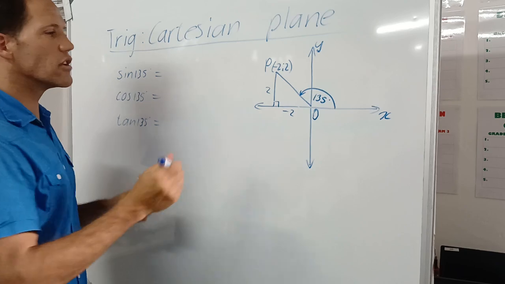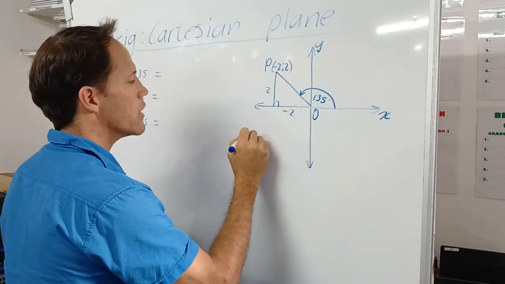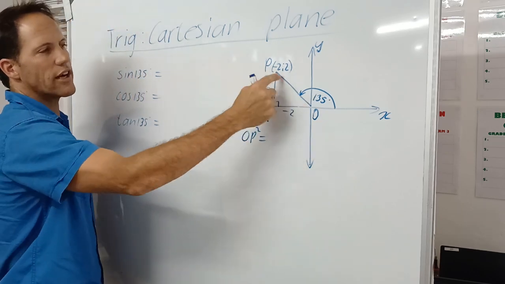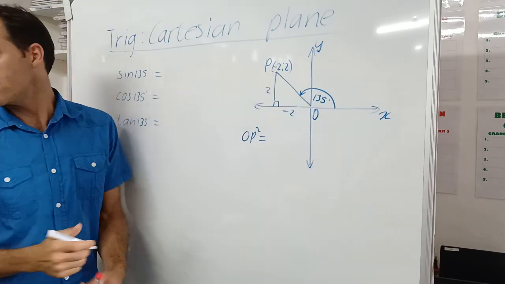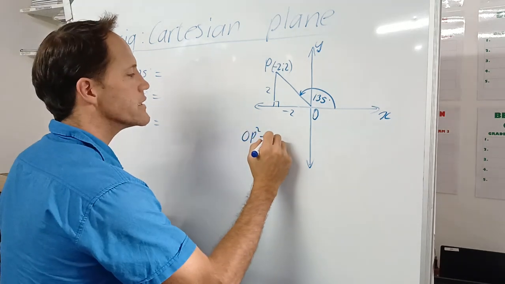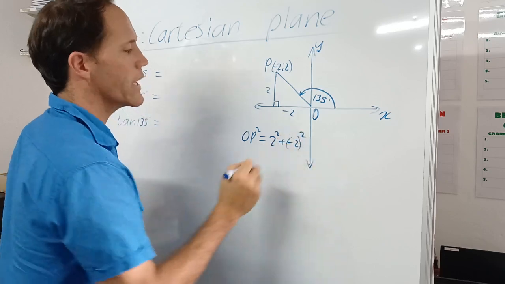Okay? So we start by saying the hypotenuse side OP squared. The long side squared is the short side squared plus the short side squared. Just use Pythagoras. So we're going to say it's 2 squared plus -2 squared.